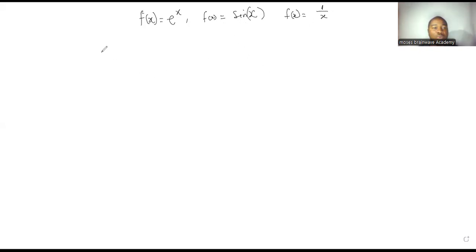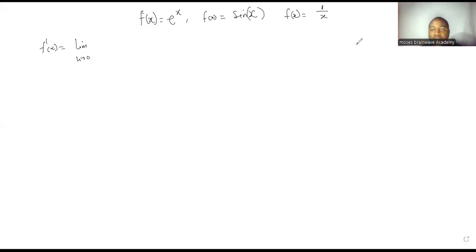So I'll try to be fast. Now let's start with the last one, since it looks like what we have just done. So we have f prime of x is going to be the limit as h tends to 0, right, of this particular function.